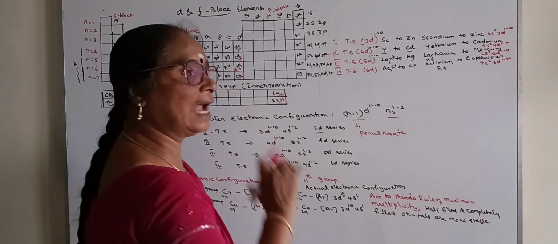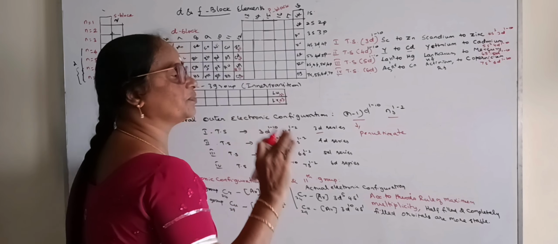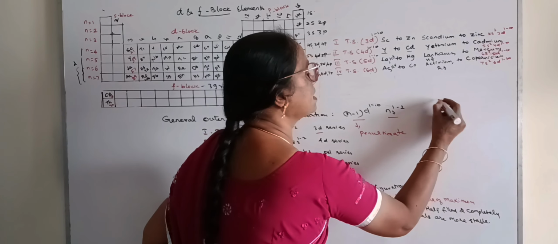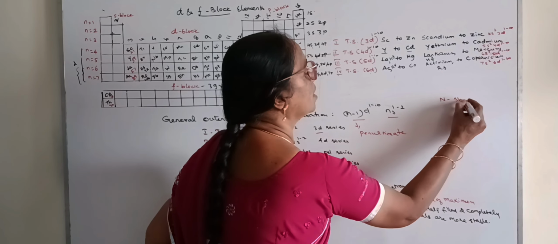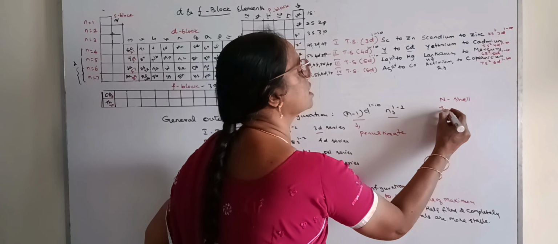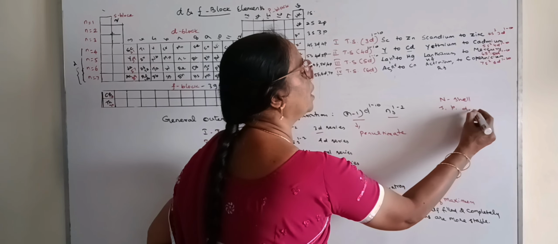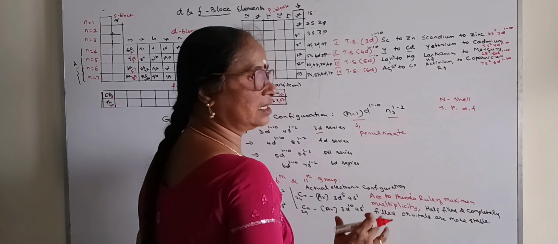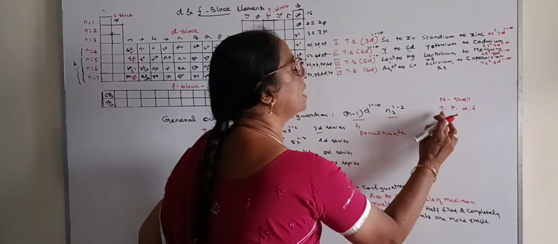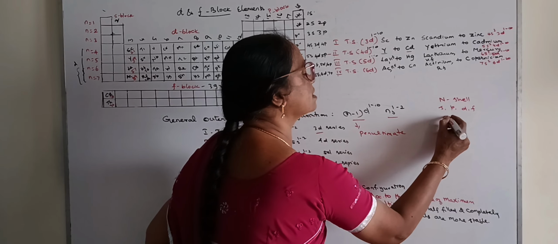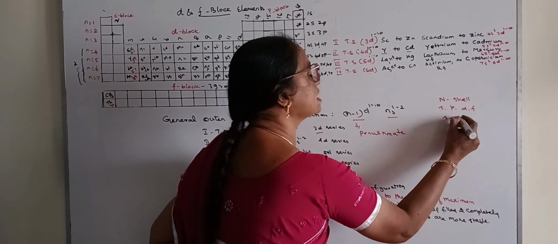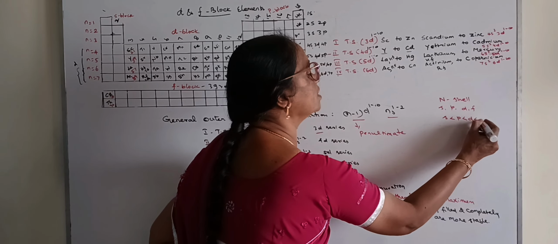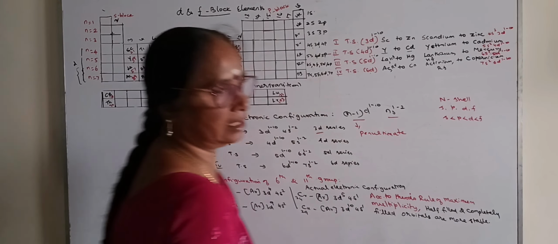Penultimate orbital, antepenultimate, ultimate. Just for example, let us consider the nth shell. The nth shell, we said, has 4 subshells: s, p, d and f. If I consider only the nth shell, the energies of these orbitals are: s orbital is lower in energy than p orbital, which is less than d and f.